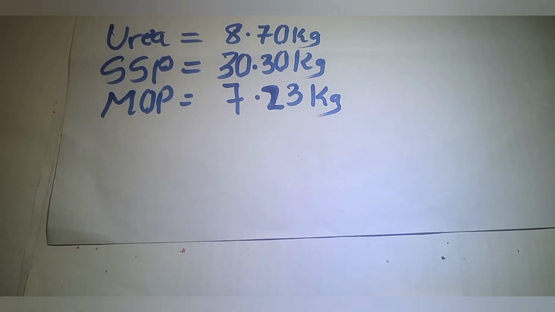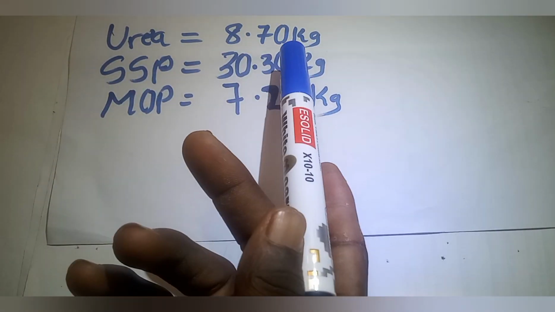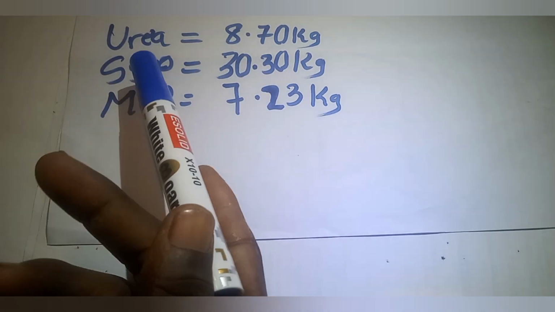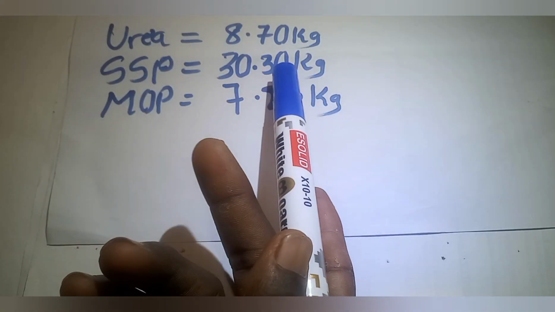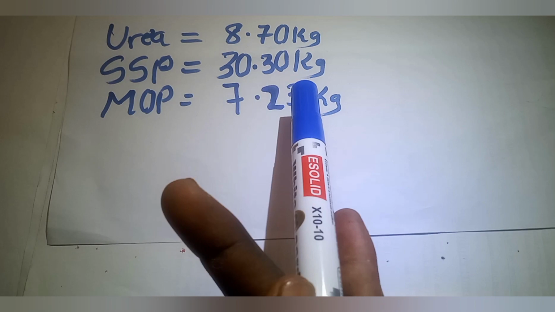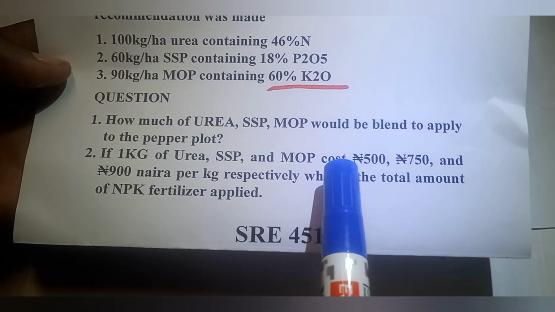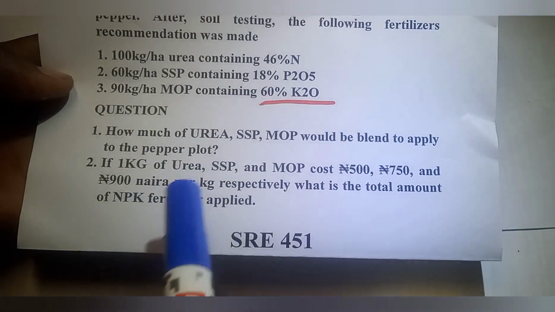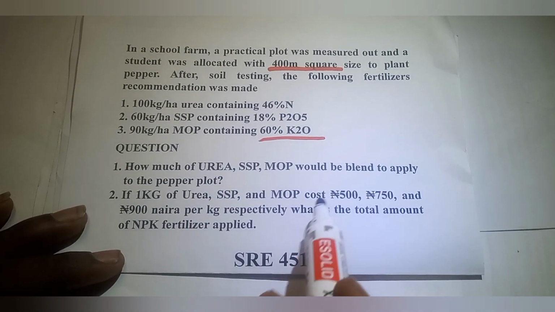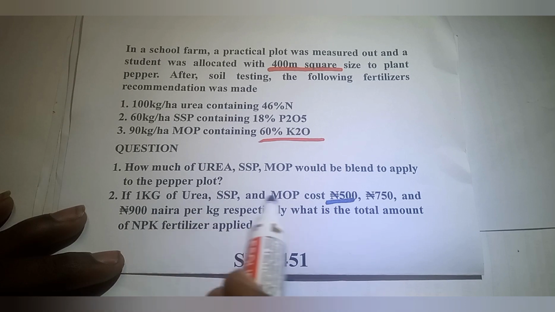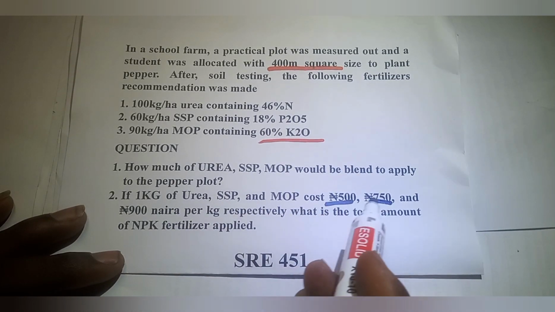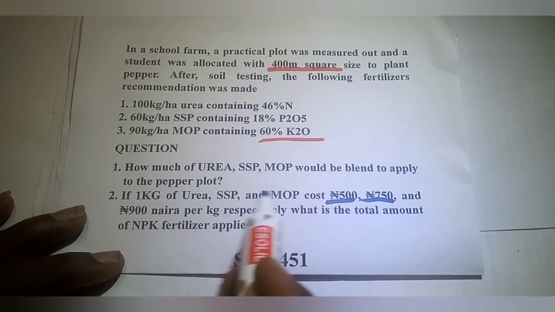So I have this. This is the amount of urea that is needed to be blended according to question number 1. Amount of single superphosphate that is needed to be blended is this. Amount of muriate of potash that is needed to be blended is this. Now question 2 says, if 1 kilogram of urea costs 500 naira, the kilogram of single superphosphate costs this, and the price of muriate of potash costs this.